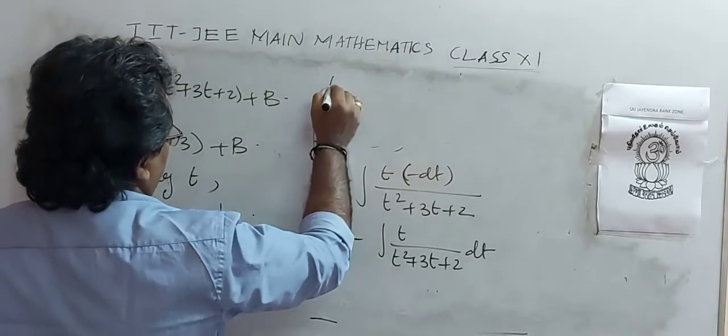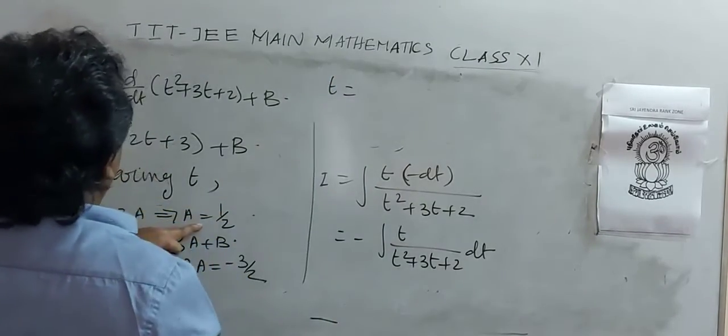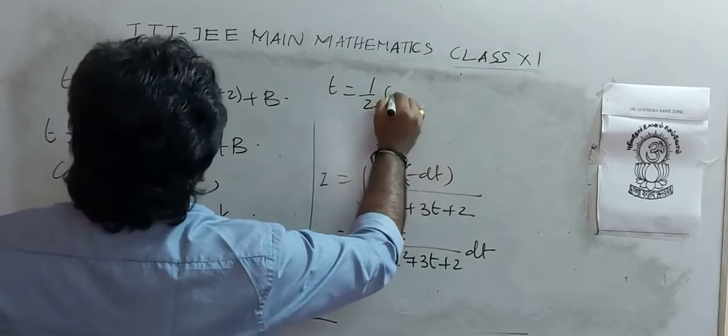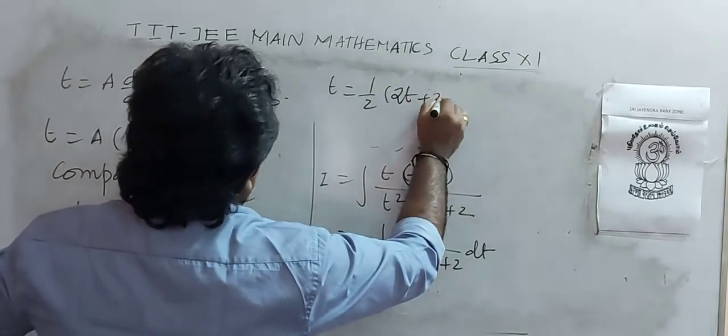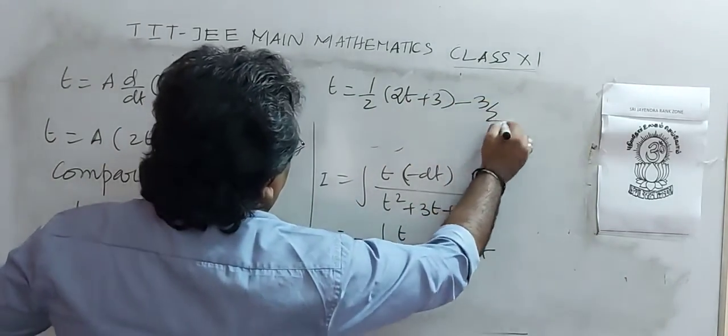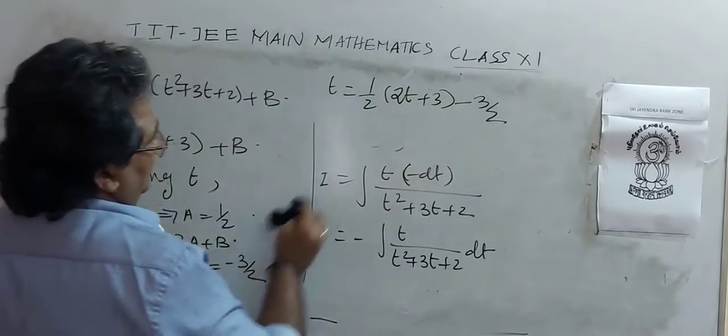So t equal to a, that is 1 by 2 into 2t plus 3, b, that is minus 3 by 2.